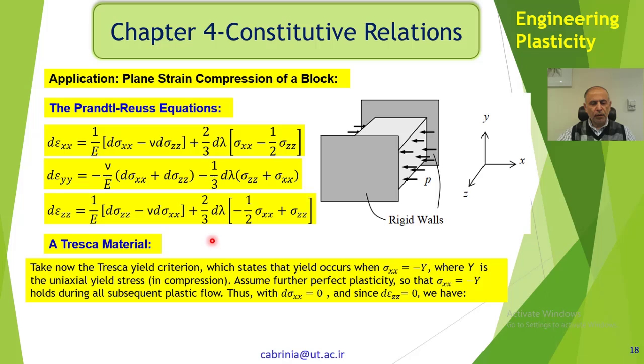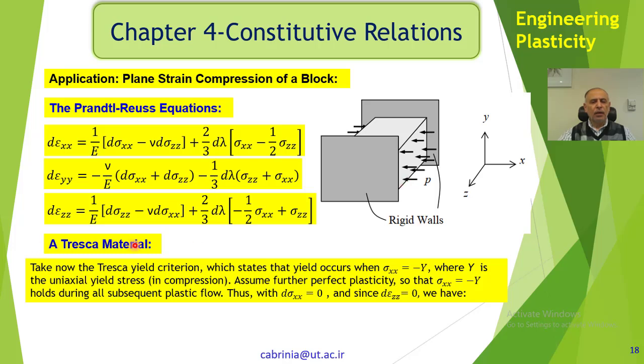Now, in order to go further, because in the plastic part we want to know, if you remember, the problem said that the pressure P is applied as increased. Okay, so pressure P is increasing from 0 to where the material yields.